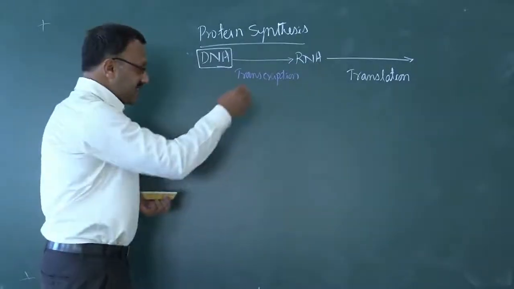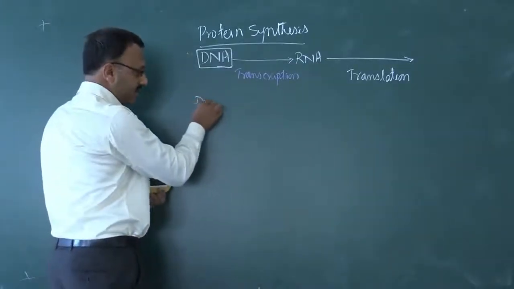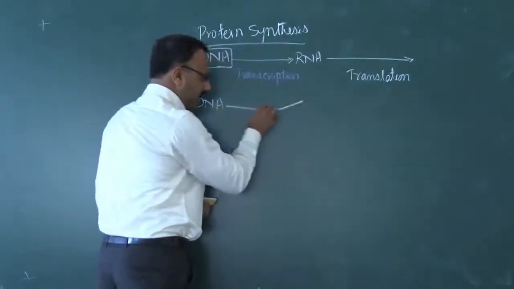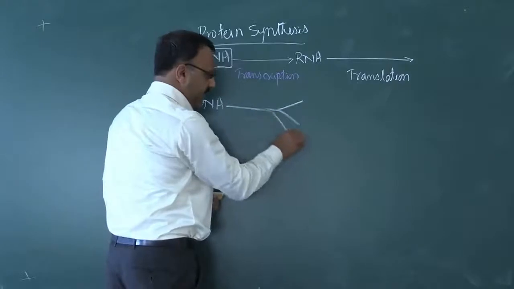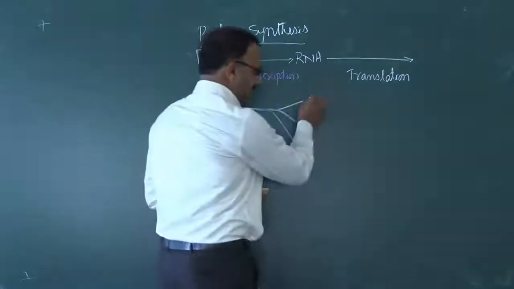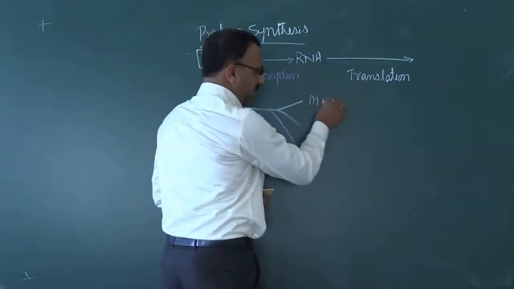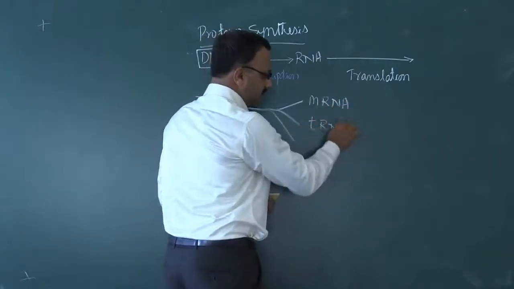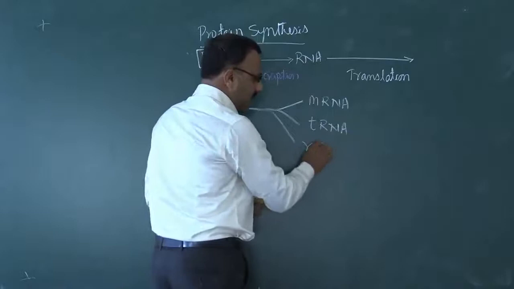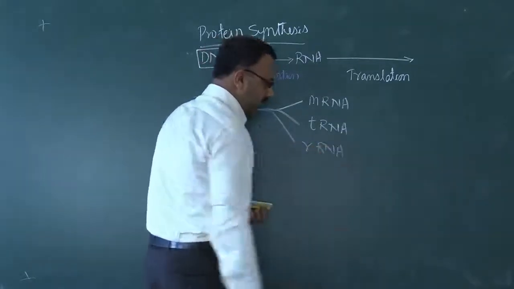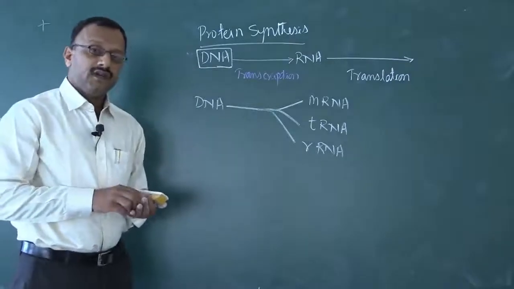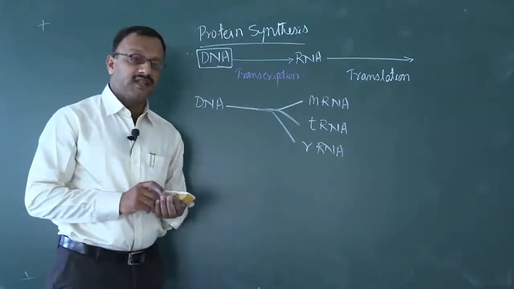So in the first stage, DNA will be involved in the synthesis of three forms of RNA called mRNA, tRNA and rRNA by utilizing three forms of DNA polymerase enzymes.